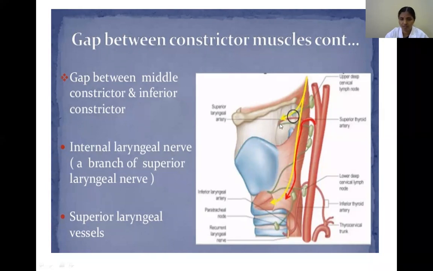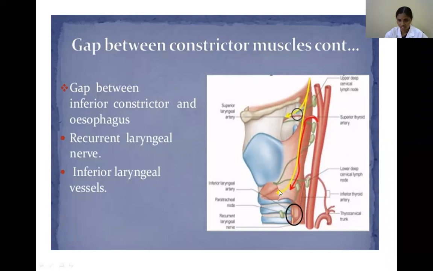This thyrohyoid membrane is pierced by two important structures. One is a vessel, the superior laryngeal vessel, and a nerve, the superior laryngeal nerve, which gives off the internal laryngeal nerve. The internal laryngeal nerve, along with the superior laryngeal artery, pierces this thyrohyoid membrane and enters the pharynx. So that is the gap between the middle and inferior constrictor.